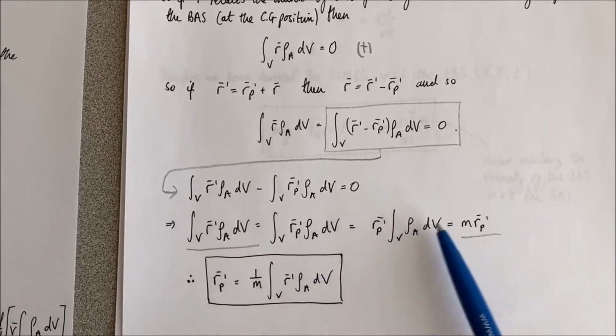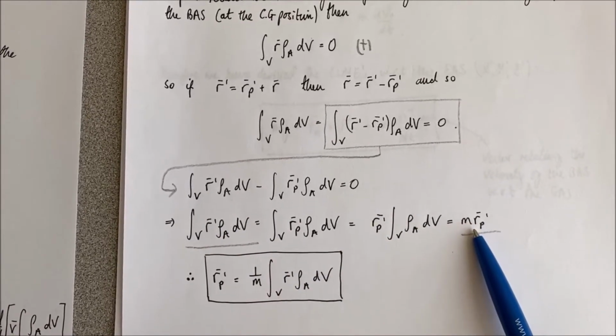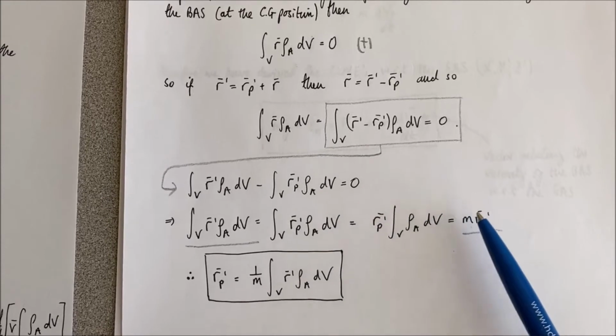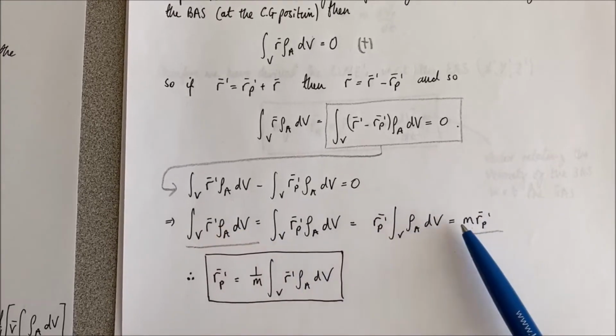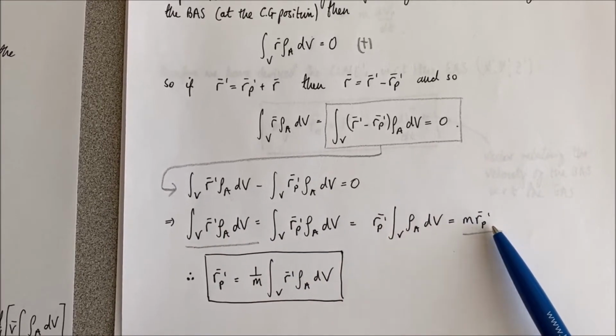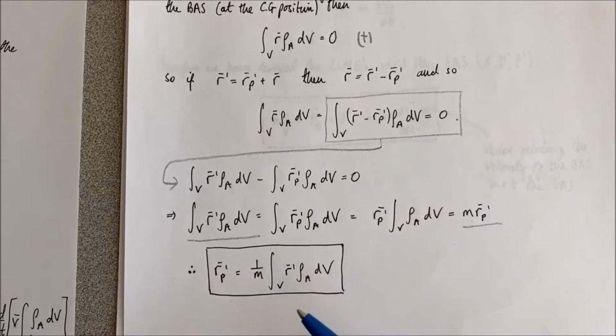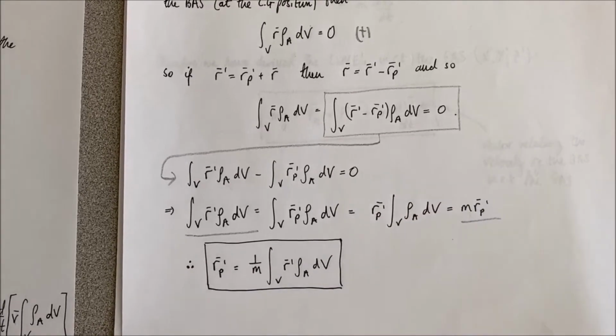So if we take both ends of this equation, we can divide the left-hand side through by m to get an expression for r bar p dash, like that.